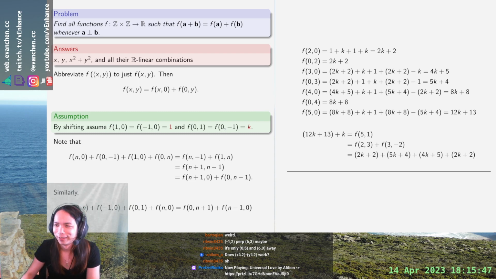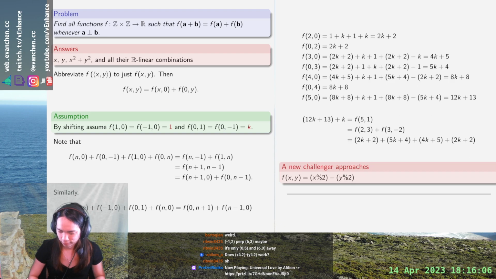Does that work? Does that work? Can someone check?